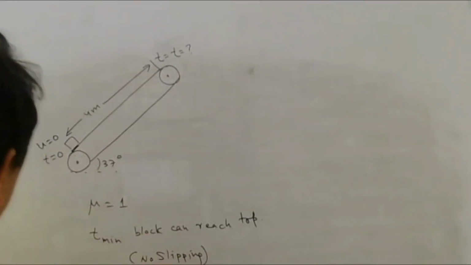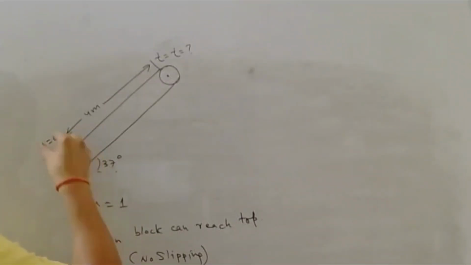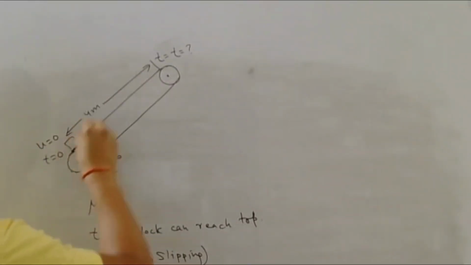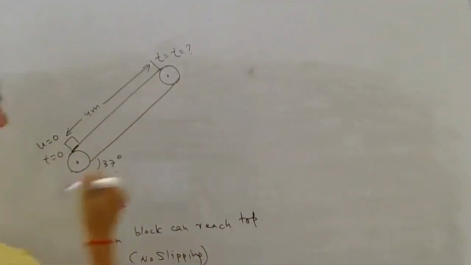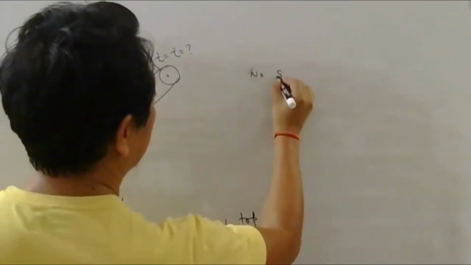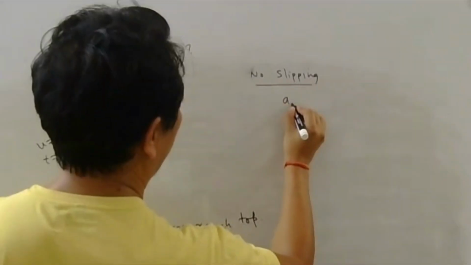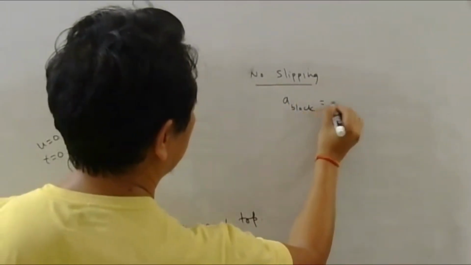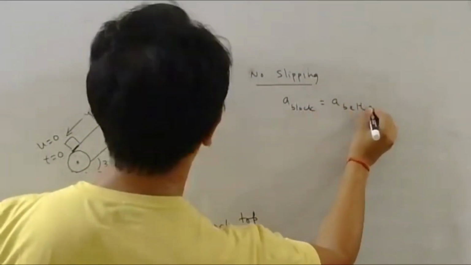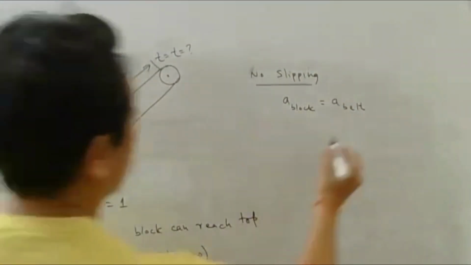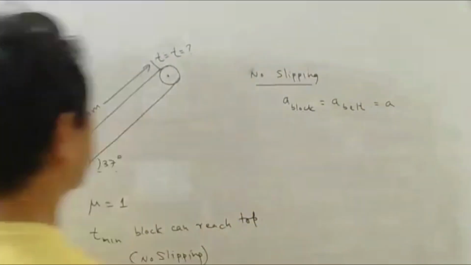So no slipping means what? The moment you keep the suitcase or the block, it will accelerate together with the belt. So no slipping means immediately the block's acceleration will be same as belt's acceleration. So this you remember. Let us call this A.